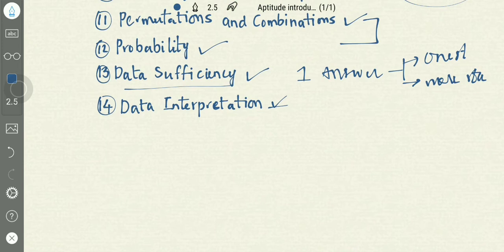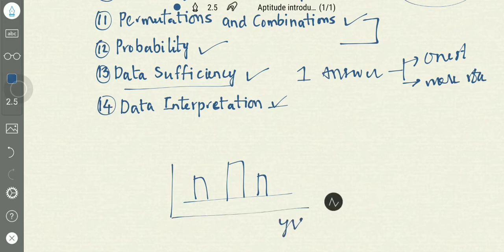In this, graphs are given, and we need to solve. For example, this is the graph given, and this is years. This is the turnover of a company. From this, it is said to calculate the difference between maximum turnover and minimum turnover.